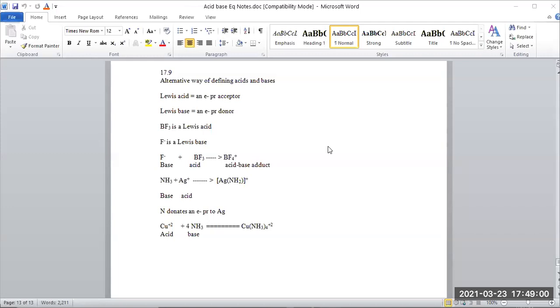Ammonia, we know from Lewis structures, has a nice little lone pair that sits on top of the nitrogen. Hydrogens never have lone pairs. And the ammonia will become attracted to the positive charge of the silver, and you get a ligand situation there.